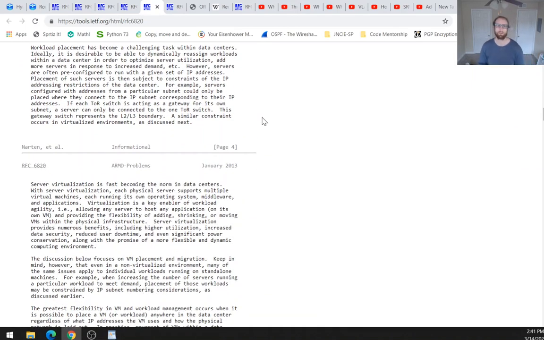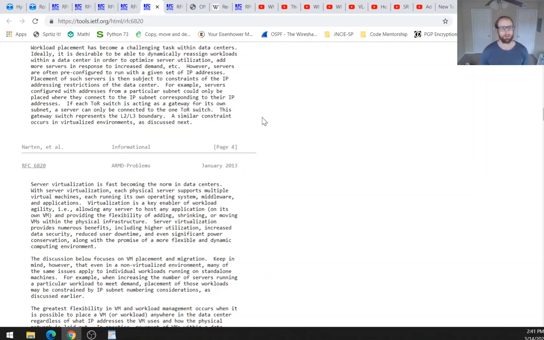Workload placement has become a challenging task within data centers. Ideally, it is desirable to be able to dynamically reassign workloads within a data center in order to optimize server utilization, add more servers in response to increased demand, etc. However, servers are often pre-configured to run with a given set of IP addresses.